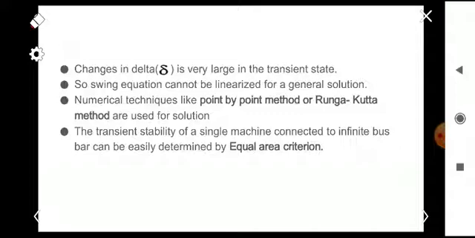The transient stability of a single machine connected to an infinite bus can be easily determined by a simple criterion called the equal area criterion. Using this equal area criterion, we can analyze the transient stability of a single machine connected to an infinite bus bar.